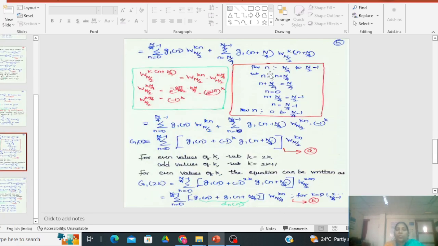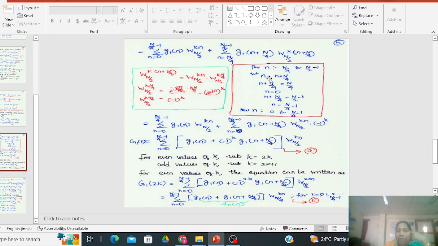So when you substitute n equal to n plus N by 4, we have to consider the second limit only, because the first limit is 0 to N by 4 minus 1. We are not going to change the first limit. We are going to change only the second limit, n equal to N by 4 to N by 2 minus 1. Now our assumption is substitute n equal to n plus N by 4.